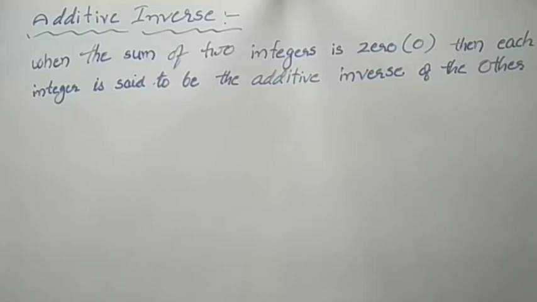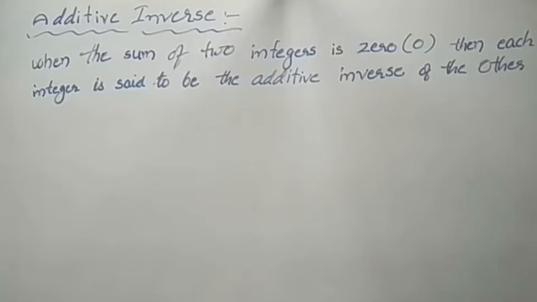In mathematics, we have the additive inverse. Additive means addition. Inverse means that if we add a number to that number and get 0, then it is called the additive inverse.